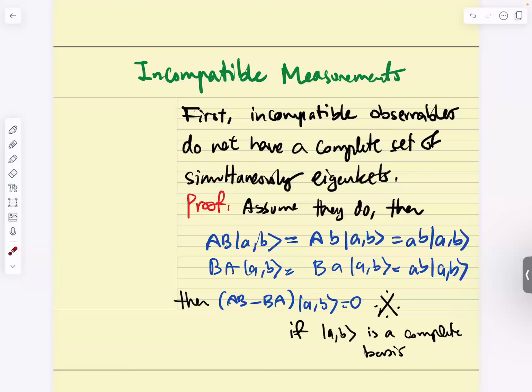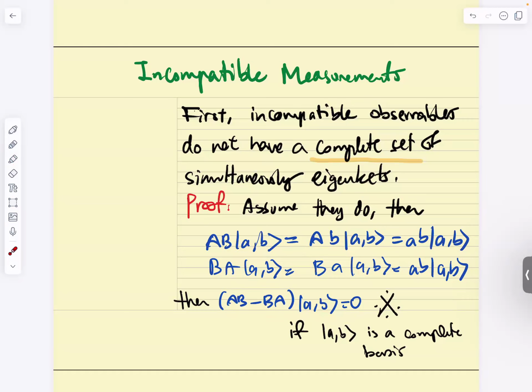Here's a proof. Imagine A and B that are non-commuting have a simultaneous set of eigenkets that form a complete set. Here, the keyword is complete set. So when they act on ket a, b, B first acts here, giving you little b. A acts here, you get a, b. BA acts on it, you get ba, ab. So when you look at the action of the commutator on the simultaneous eigenket, you get 0.